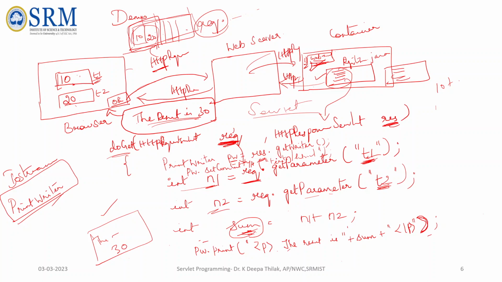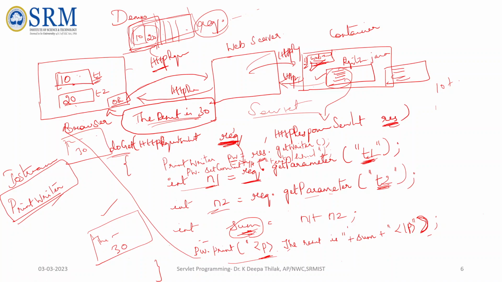Since I have set the content type to text/html, I can use my HTML tags inside this pw.println. So this will be sent, and on the screen we will get the result is 30. This is how it works.